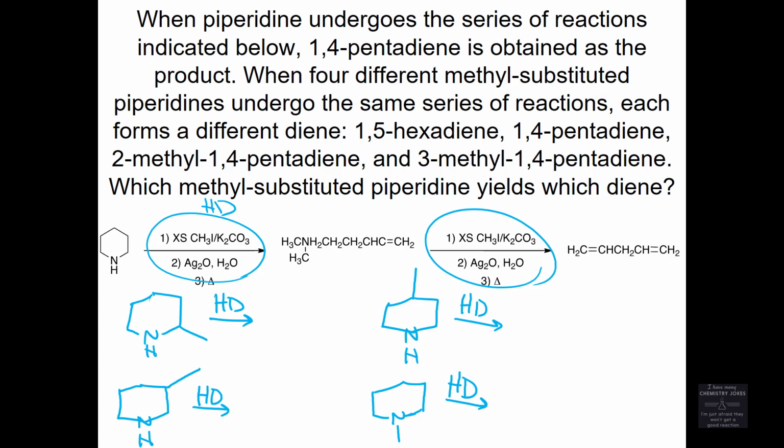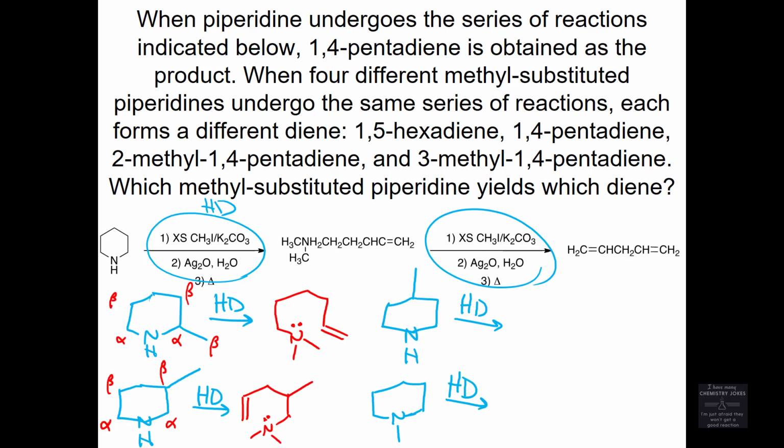Okay, so we're going to make a Zaitsev product. So after the first Hofmann degradation, in this top example, we're going to make a new pi bond here. And we will have a nitrogen that's full with methyls, remember, because you have to have a totally positively charged nitrogen that you then bust open. In this bottom left, we're going to bust it open over there, like that.